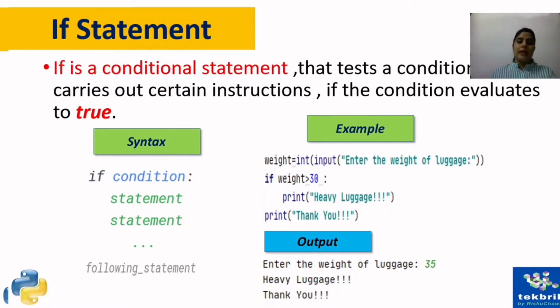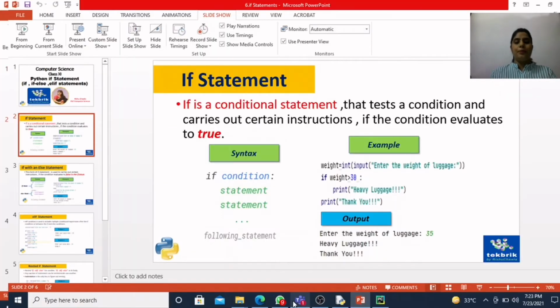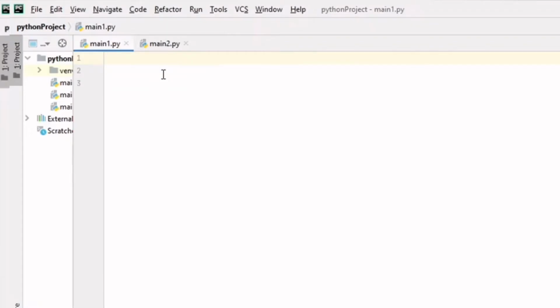We will see the if condition with the help of an example also. I am taking a very basic example here. I'm just writing enter the value of x, right?